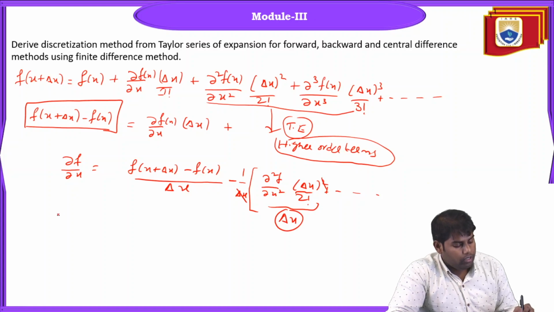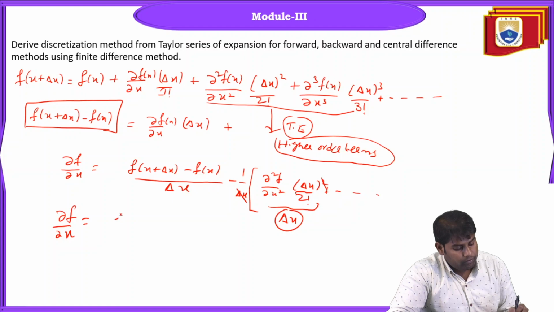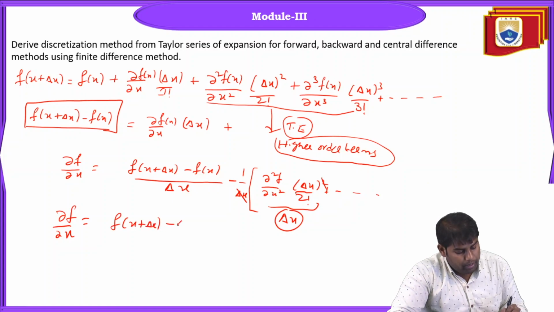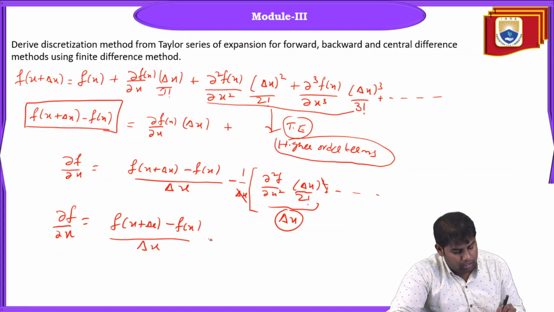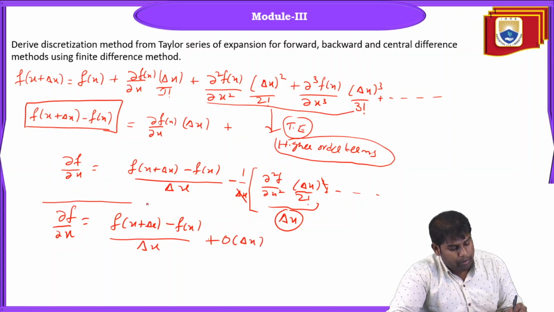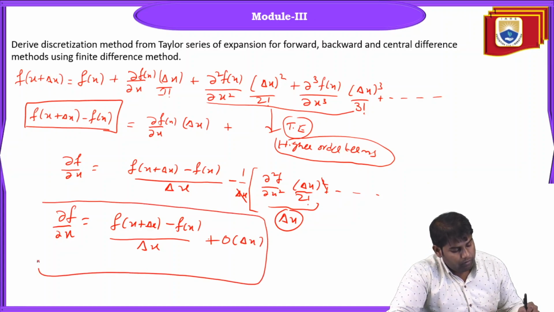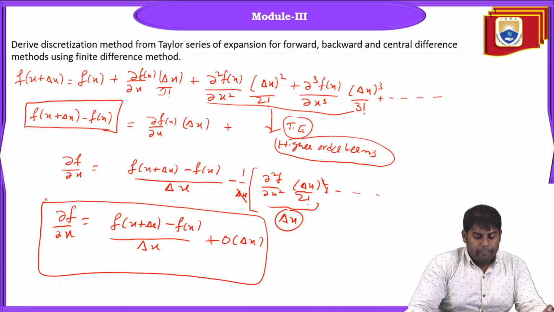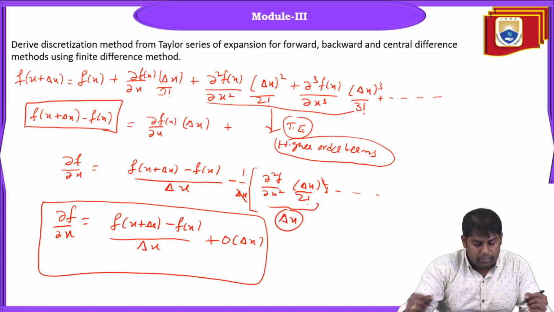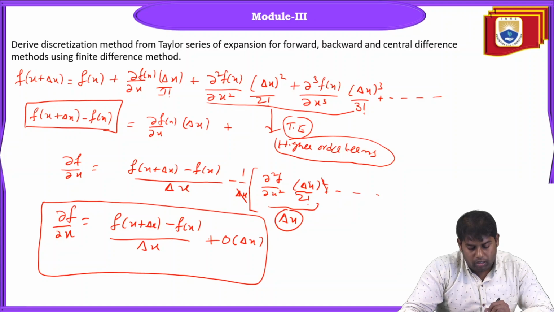So ∂f/∂x is equal to f of x plus Δx minus f of x divided by Δx, plus order of accuracy of Δx. Why? Because we are neglecting the first term, which is of power Δx.